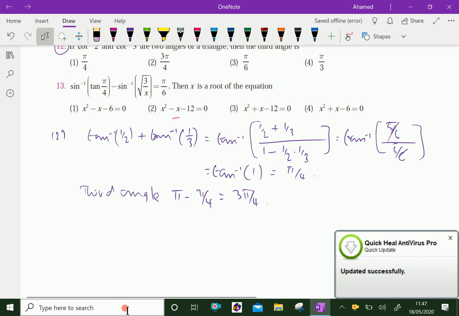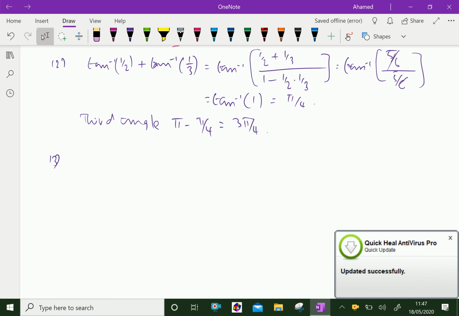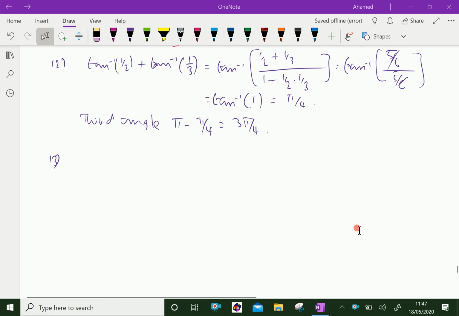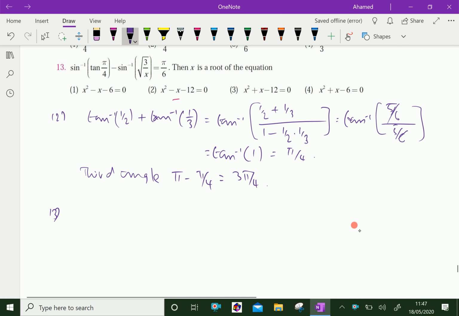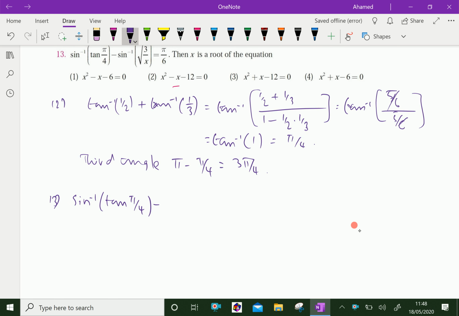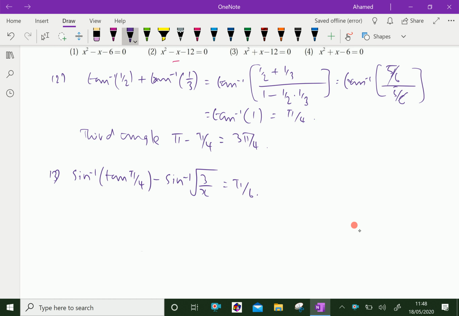Here we know that tan pi by 4 is 1, and sine inverse 1 is pi by 2, minus sine inverse root 3 over x, which is equal to pi over 6.